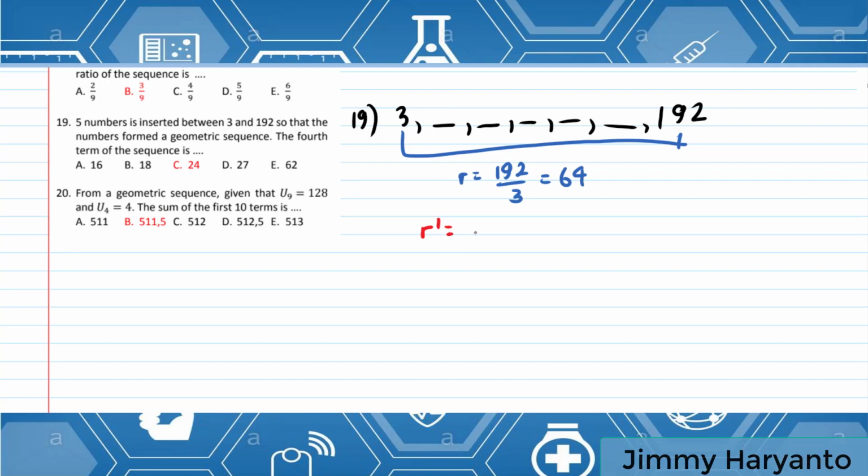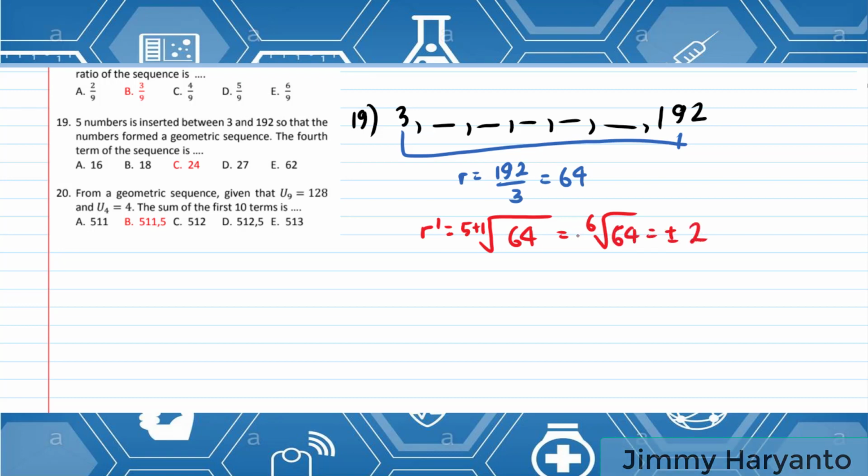Yeah, so r accent equals the root of 5 plus 1. The formula is k plus 1. Yeah, the 5 plus 1 root of r. The r is 64. So the result will be the sixth root of 64 equals plus minus 2.